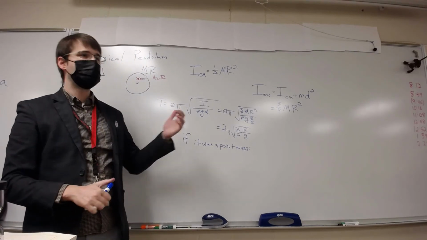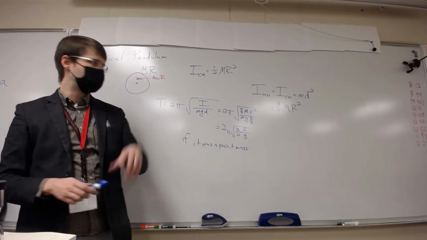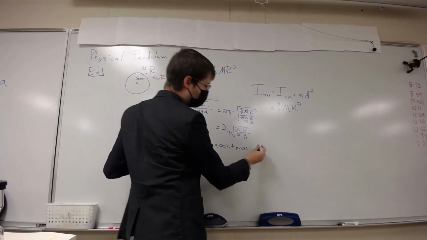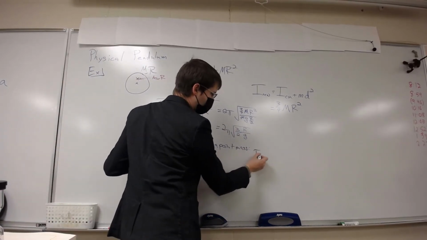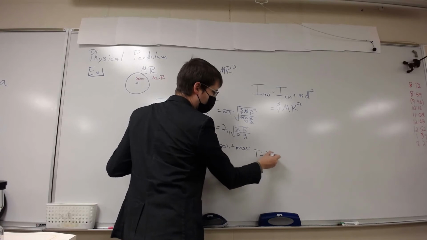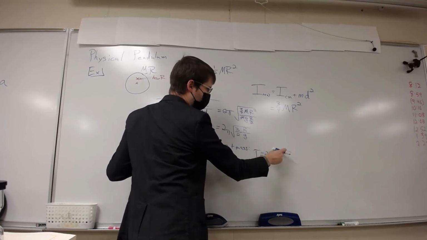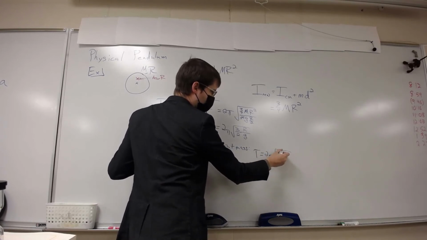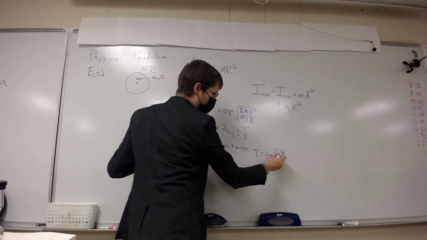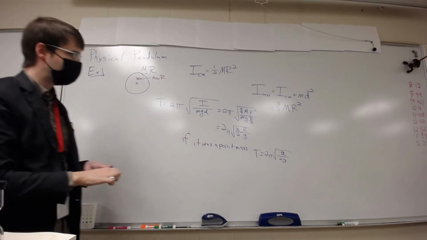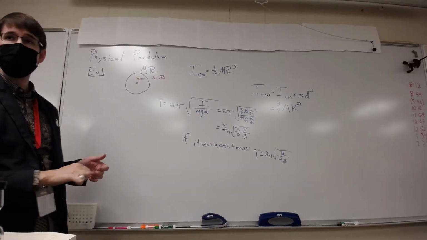And L in this case would have been r/2, which is kind of a weird way to do it, but just to compare the two, the period would be equal to 2 pi times the square root of r/2g.